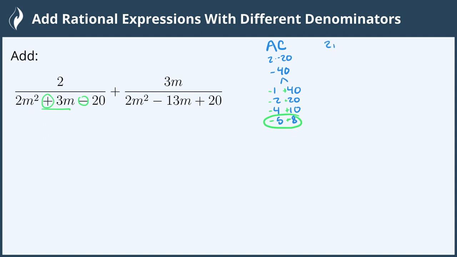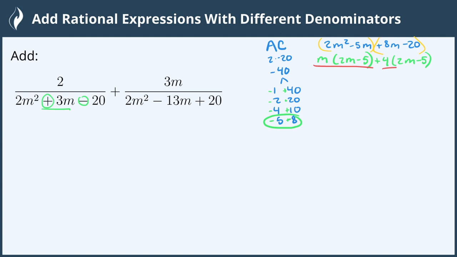So we have 2m squared minus 5m plus 8m minus 20, and we'll factor by grouping. The first two have a greatest common factor of m, and we're left with 2m minus 5. The second two have a greatest common factor of 4, so we'll add 4, and we are left with 2m minus 5.